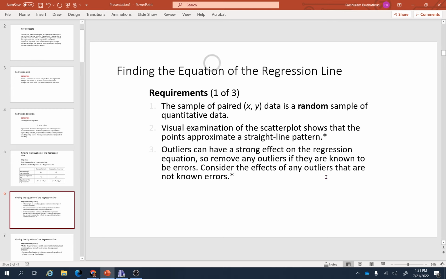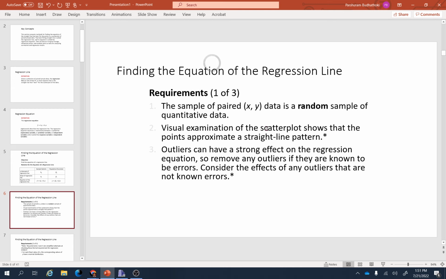If we are trying to find the regression line, that means we are assuming that the data sets are correlated linearly, so we can find that equation of the line. And for that line, which is called the regression line, there are some requirements the data set has to satisfy. The first is that the sample of paired data x comma y is a random sample, it should be random.